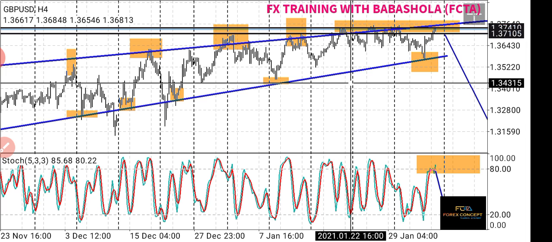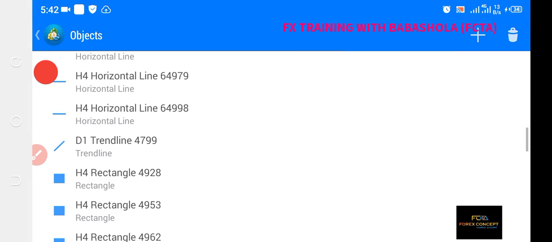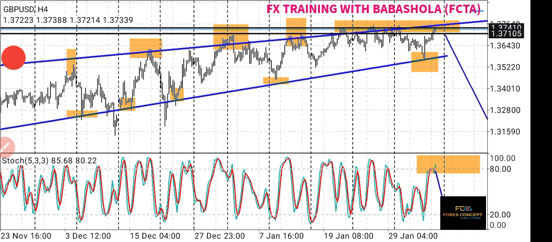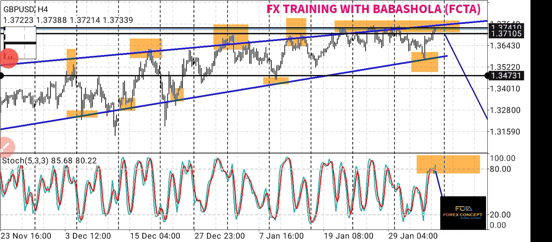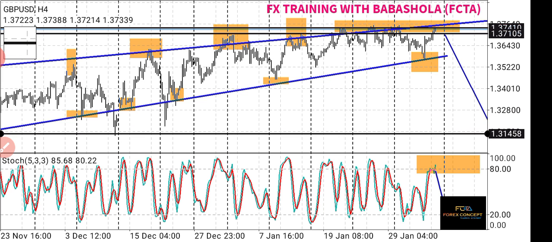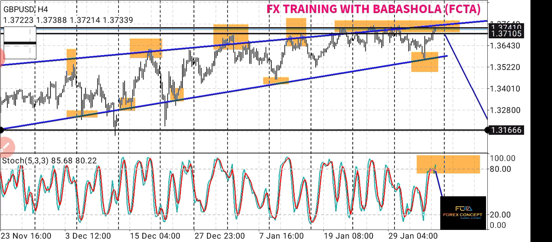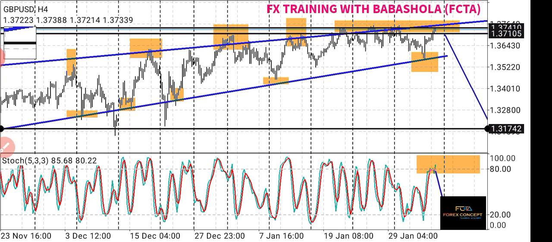Let me just use the horizontal line to show it. This point will be our first target. Okay, you can look to go beyond this, to go here, but this will be a very risky trade, because there's no probability that price will get here.